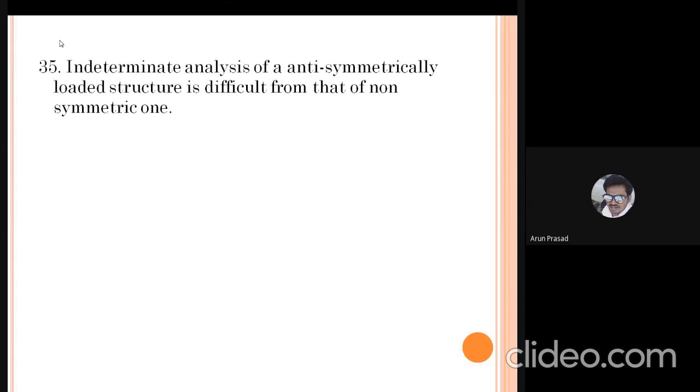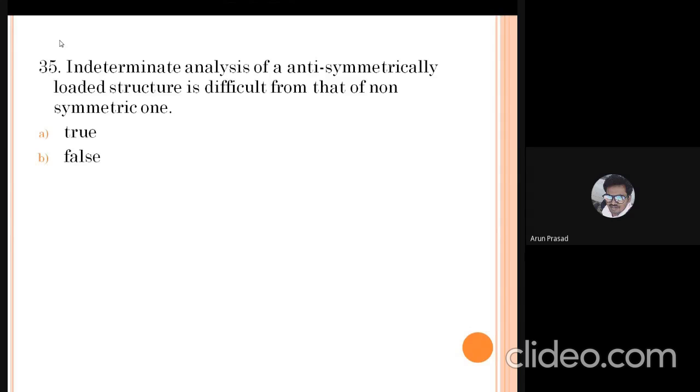Next, indeterminate analysis of an anti-symmetrically loaded structure is difficult from that of a non-symmetrical one. Okay, is it true or false?